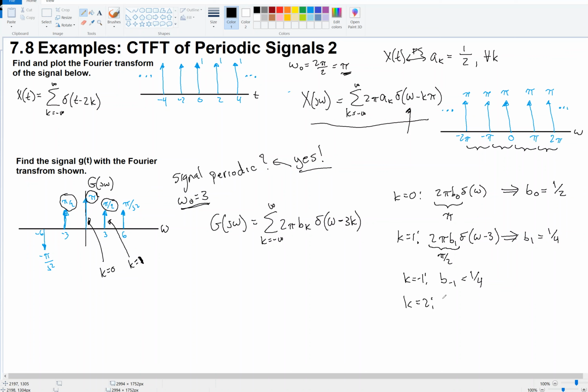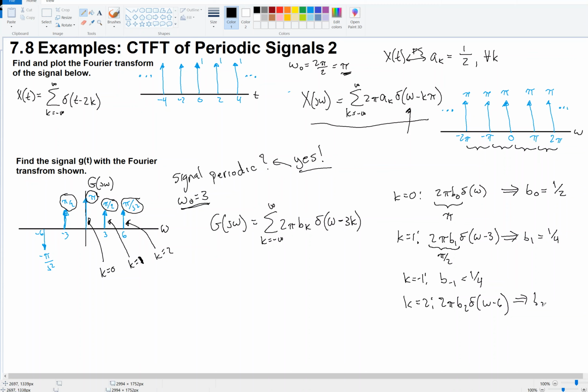Let's look at the k equals 2 term. The k equals 2 term tells us we would have 2 pi times b2 times an impulse shifted by omega minus 6. Okay, well here's a shifted impulse to the right by 6. This is the k equals 2 term. Here's the scaling coefficient, pi over j2.